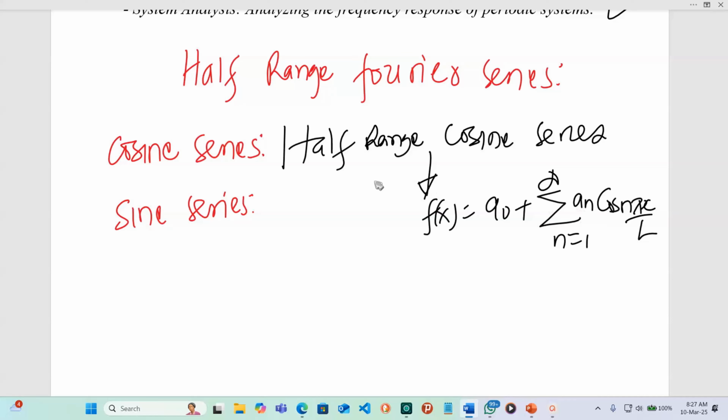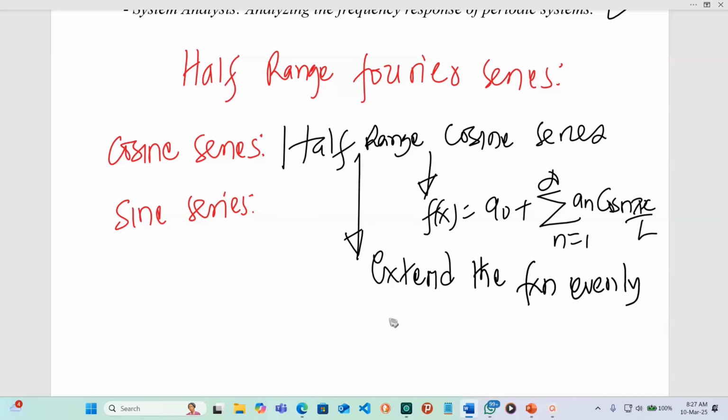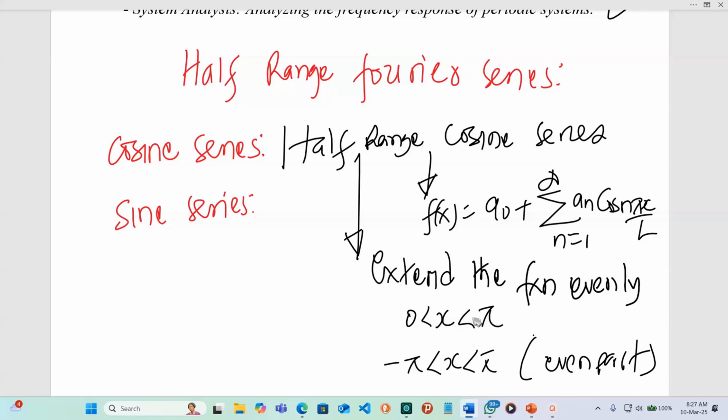So even if you're given an odd function, even if you're given an even function, you just have to extend it evenly. You could have been given a range 0 less than x less than pi. So you're going to be using a range of negative pi less than x less than pi, but then you'll consider the even part of this function.